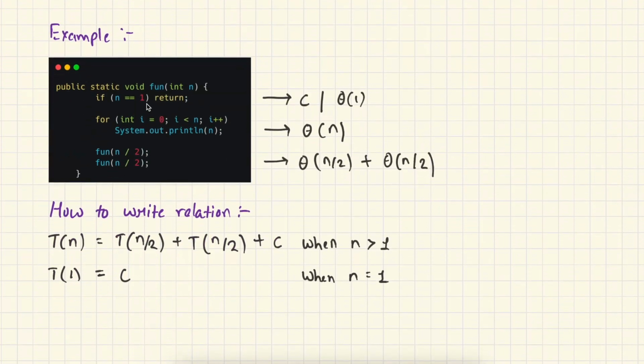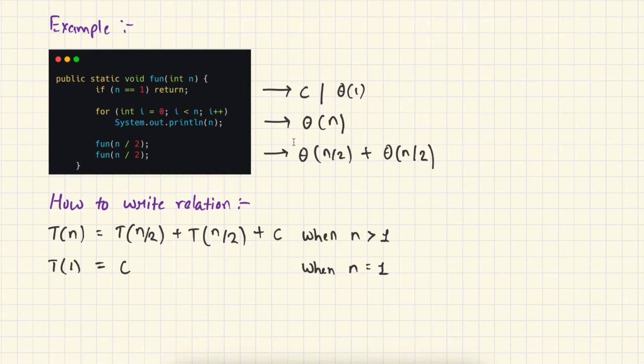So in this example, in the first line we are doing a constant operation. In the second line, now we are not doing a constant operation. Instead, we are doing a linear operation, because we are running a loop from 0 to n, and in each iteration we are printing the value of n. So the amount of time taken to run this loop is going to be theta of n. It is the exact bound. We are running this loop exactly n times. And in the last line, the amount of work we are doing is theta of n by 2 and theta of n by 2.